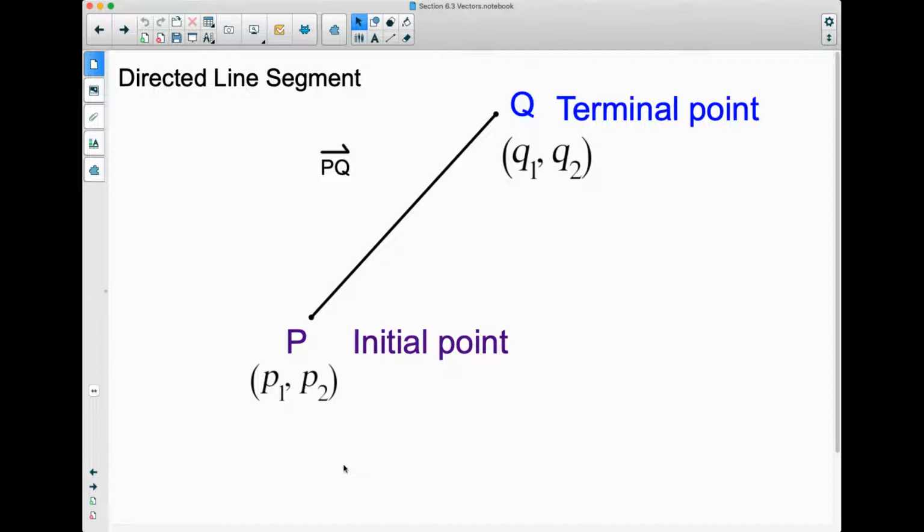It does matter which one is your initial and which one's your terminal when they tell you you got to go with that.